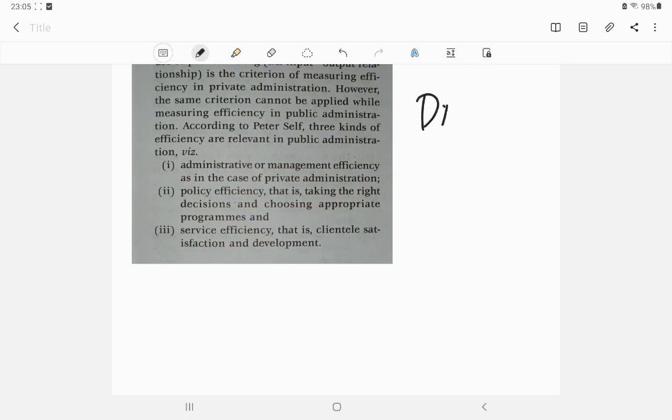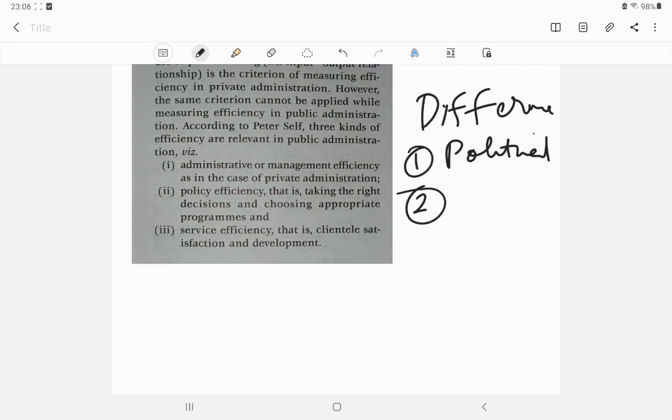Public administration is under the politician, whereas private administration is free from political control. Next, breadth and scope. Public administration has a much bigger scope because it has to focus on many things as compared to the private organization.